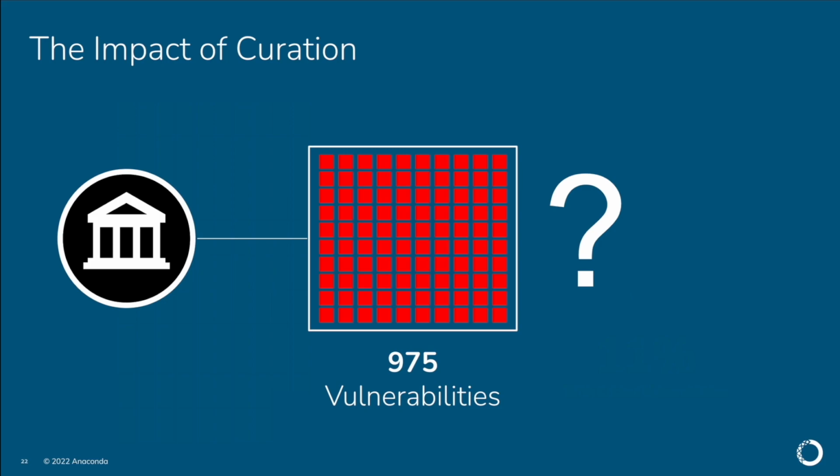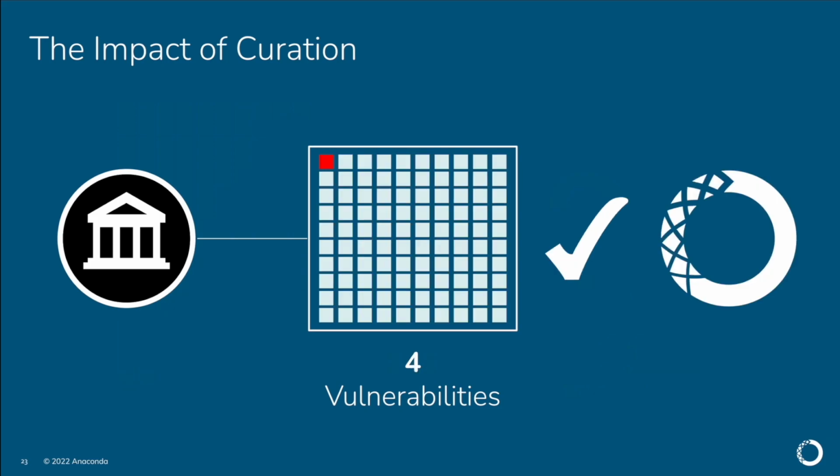Well, we analyzed that list against our curated data, and we whittled it down to 4 critical vulnerabilities that they needed to focus on. Effectively, this saved them hundreds of hours of manual reviews, due diligence and research, and was a 99% reduction in false alarms and alerts. So earlier we were just giving that boxed example of those alerts.